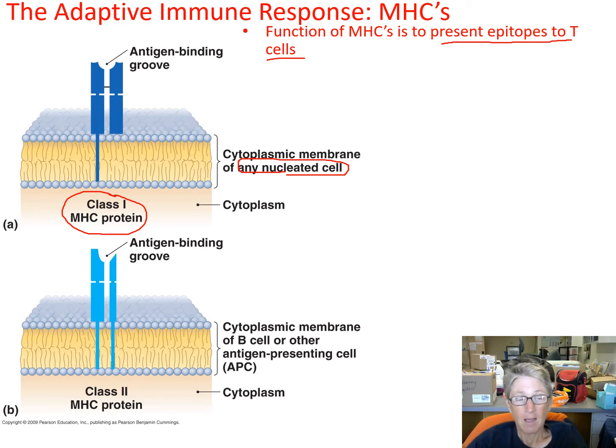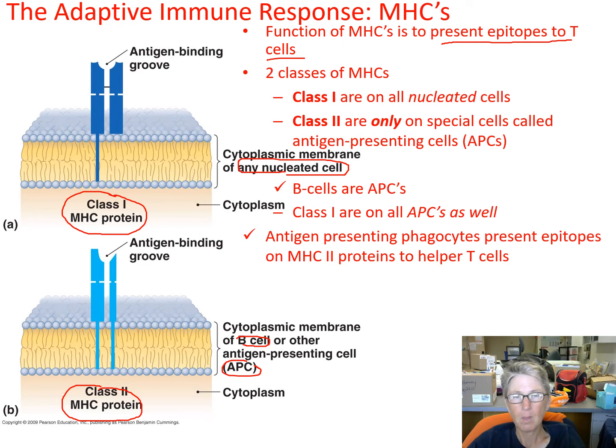Class 2 MHC proteins are only found in B cells or other antigen presenting cells like a dendritic cell. There's two classes, like I just talked about, class 1 and class 2, and where they're found.